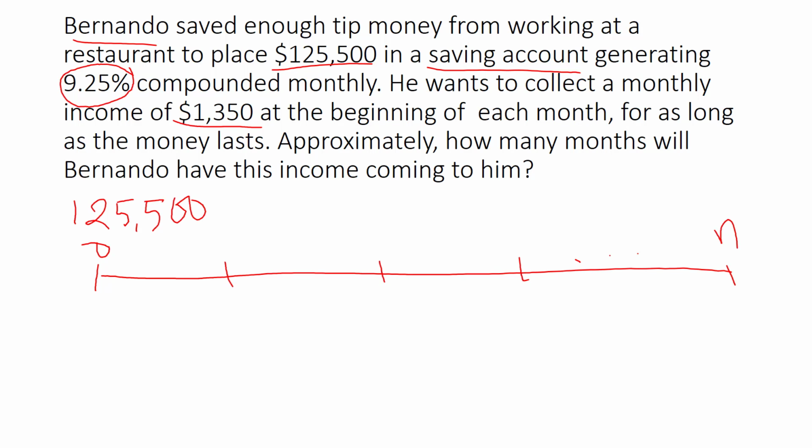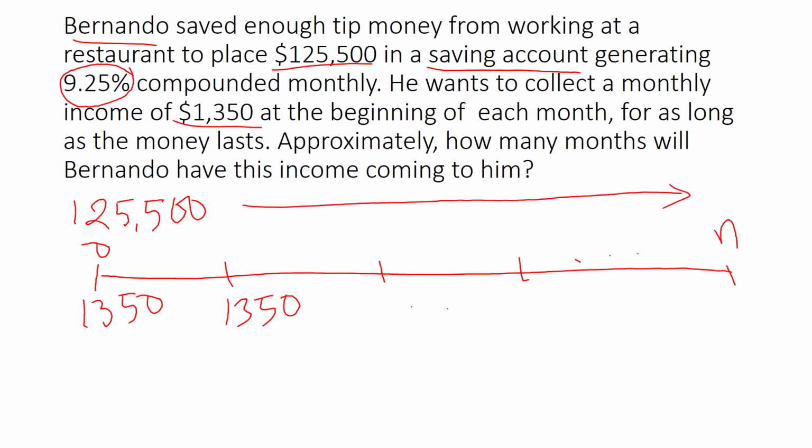What he wants to do is withdraw $1,350 at the beginning of each month, right? He keeps on withdrawing that until all of his savings are out. So at the end of the withdrawing period, the savings will be 0.